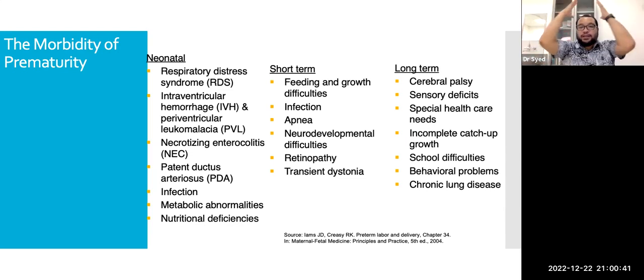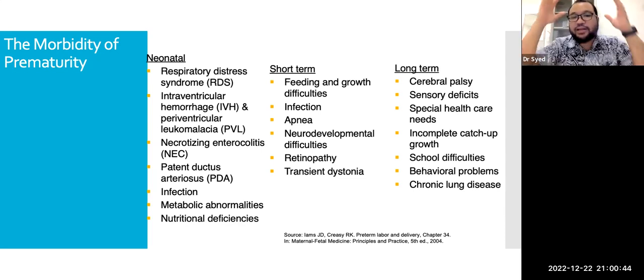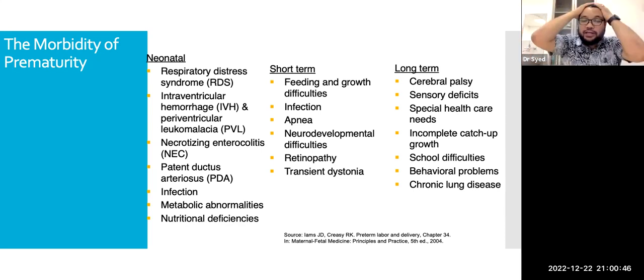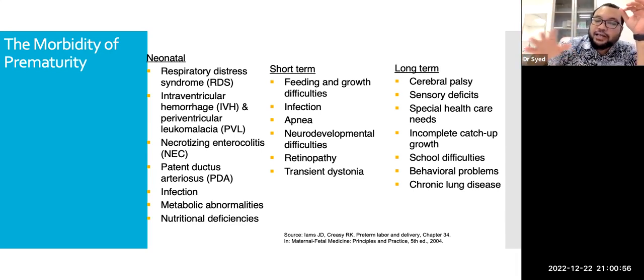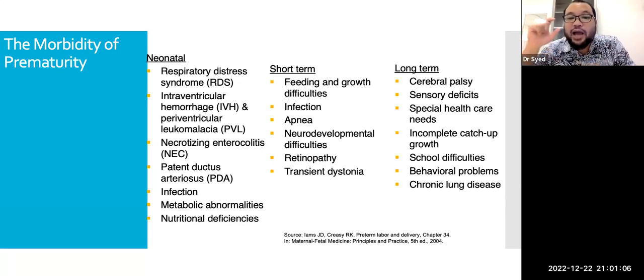So head to toe, daripada kepala, brain dia, nanti kita go satu-satu lah. So daripada brain dia, IVH, PVL, kan, mata, they may get retinopathy of prematurity because the vessels lining the retina tu are immature, and sometimes bila ada fluctuation of oxygen, contohnya kita bagi high oxygen, kita bagi high FiO2, kita ventilate the baby, kita bagi high oxygen, and then kita reducekan fluctuation of oxygen tu.